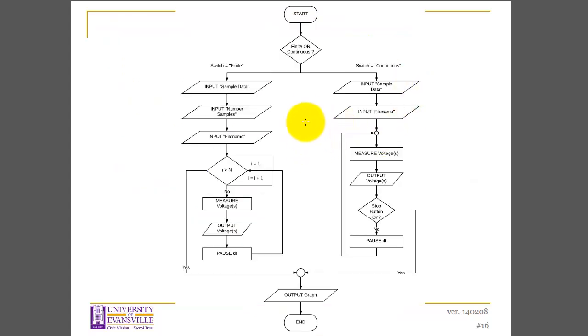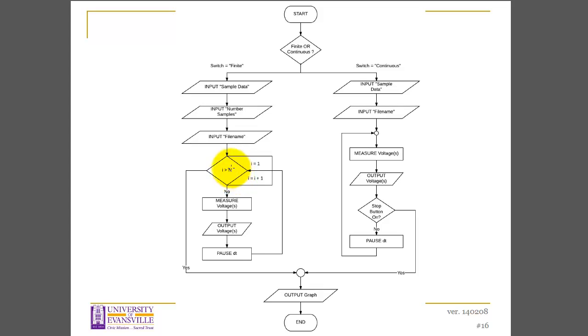If I use a program flowchart to sort of see what you did, the first thing you did was use a select case feature or a switch to choose whether you wanted to run in finite mode or in continuous mode. If you wanted to run in finite mode, you required the user to input the sample rate, the number of samples you wanted to take as well, and the file name, and then you actually went into a for loop.